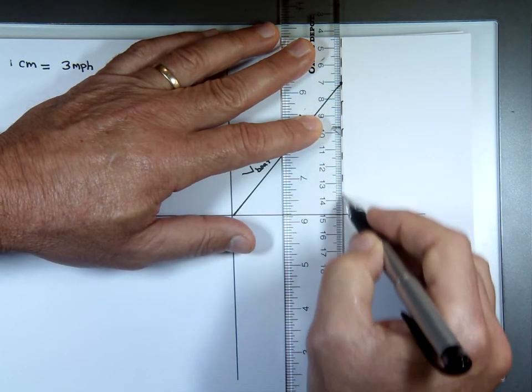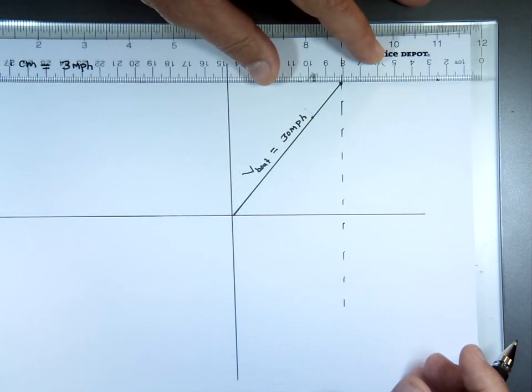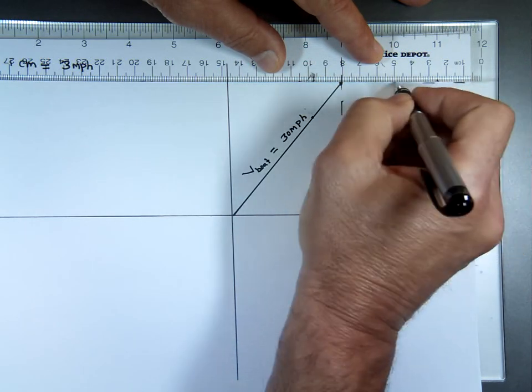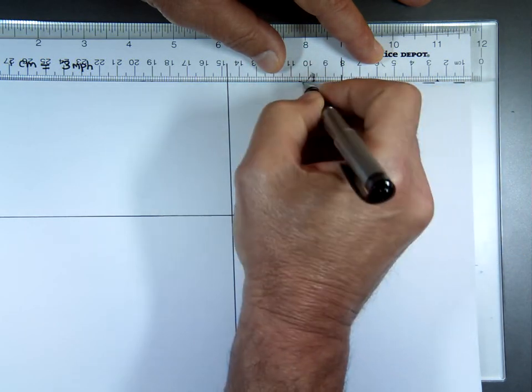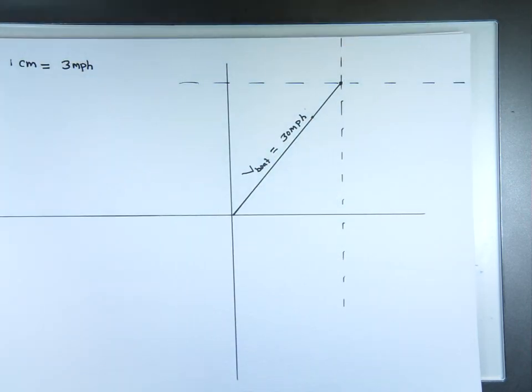I use a dotted line because I don't want to make it too messy. So I'm putting another set of axes right there where we stopped.